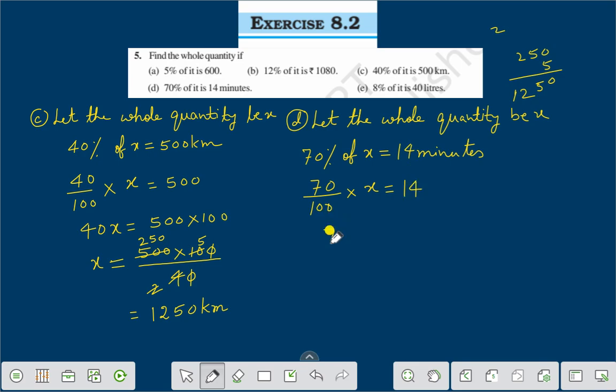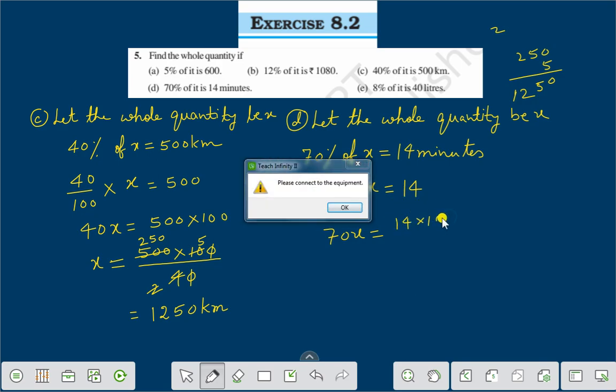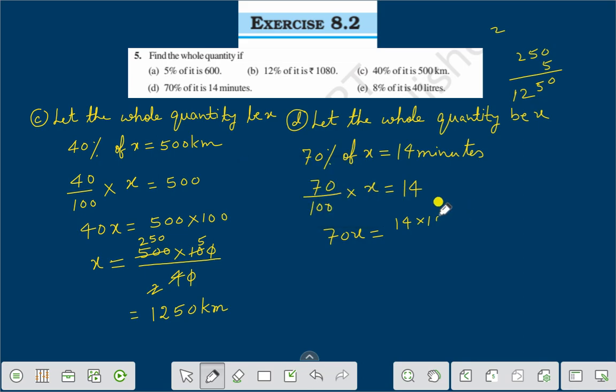Or you can write 70x is equal to 14 into 100. Or x can be written as 14 into 100 by 70.